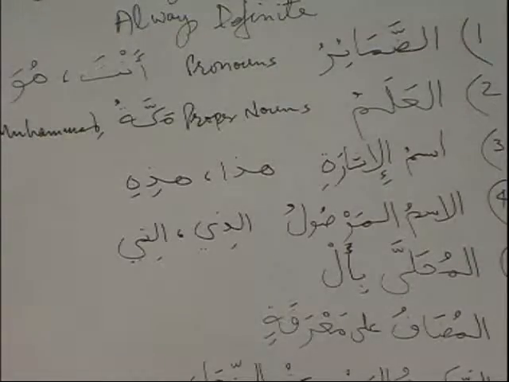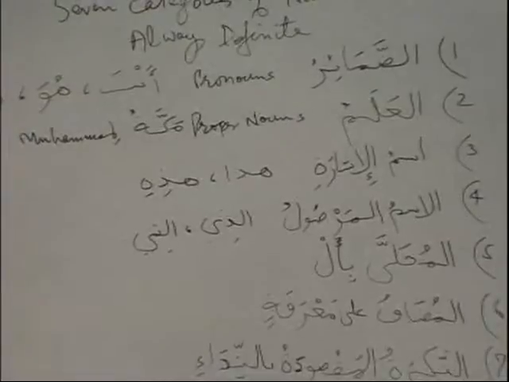What is the meaning of maqsudatu? Aimed at. It's an indefinite noun, but it is aimed at by using harfu nida, by calling. So then that indefinite noun becomes definite. Ya waladu.